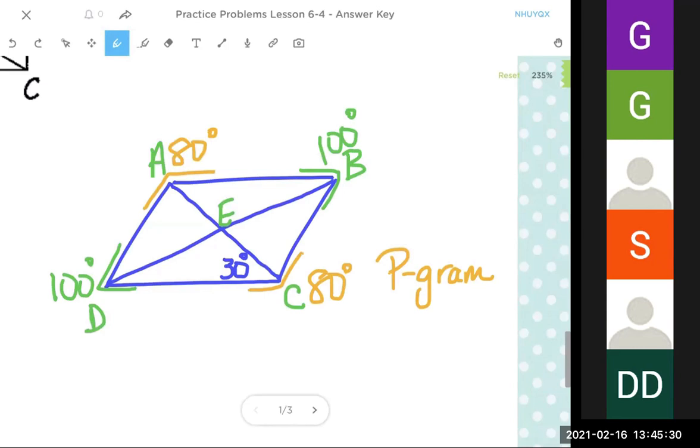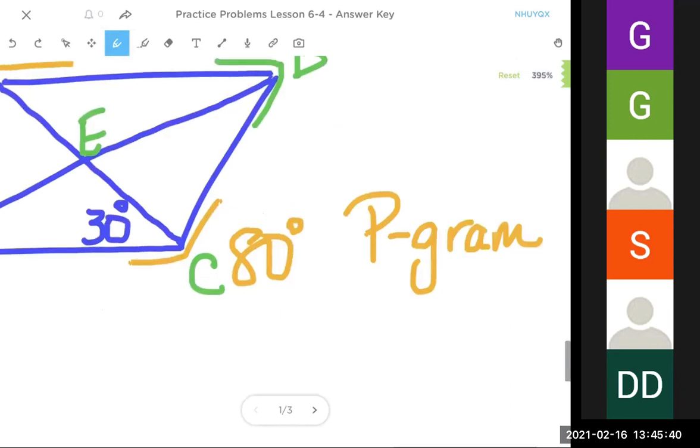Okay, what can you tell me down here? That angle is 80. Okay, but you can tell me this angle, right? That angle is 50.